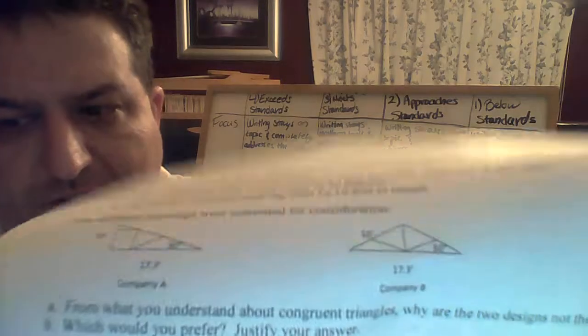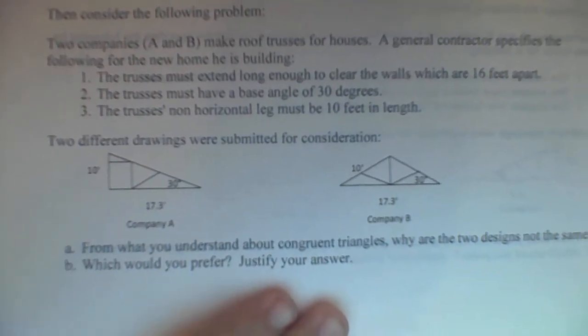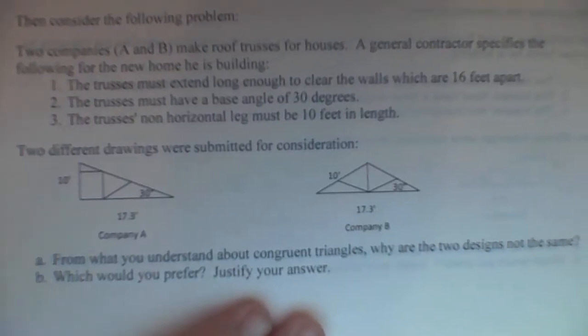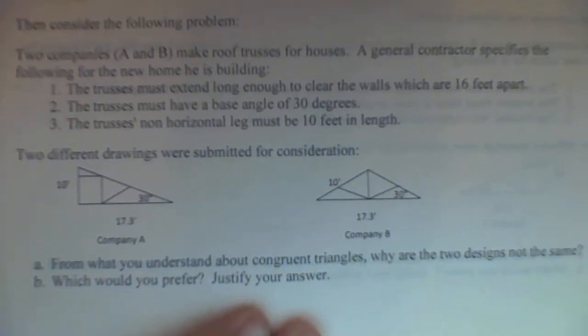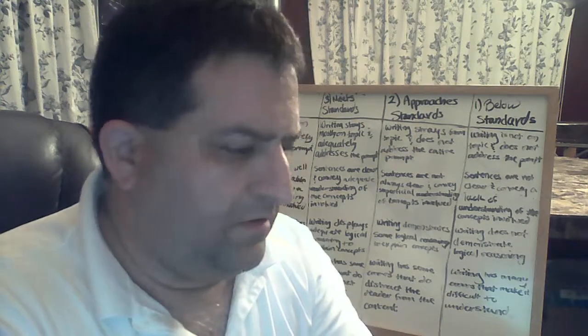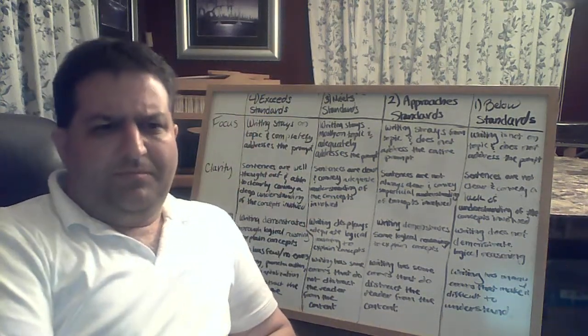So the 2 questions are, from what you understand about congruent triangles, why are the 2 designs not the same? Which would you prefer? Justify your answer. So that's my problem.